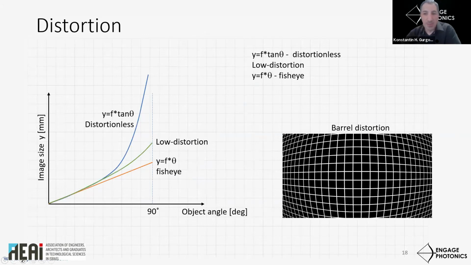Following the simple geometry of first-order optics, for an object at angle theta from the optical axis, the image would be at distance y equals f times tangent theta from the image center. However, almost all lenses distort the image to some extent, meaning that they behave differently from that law.